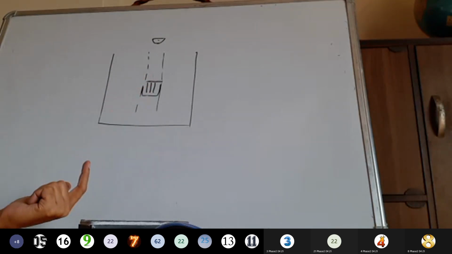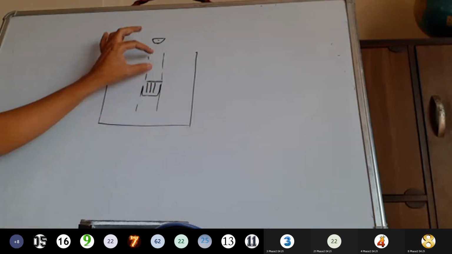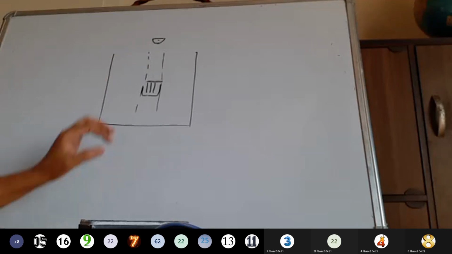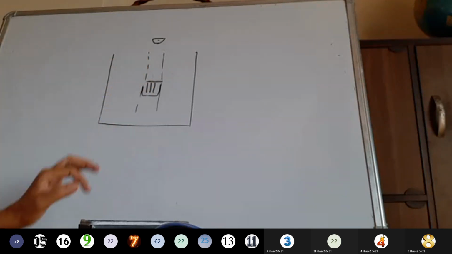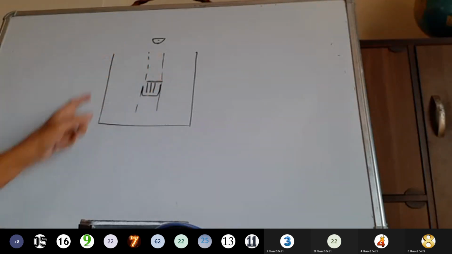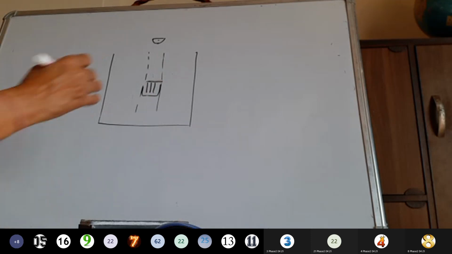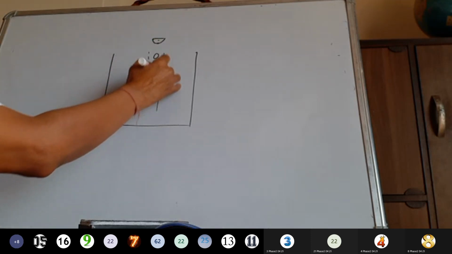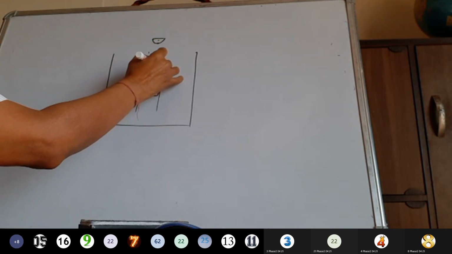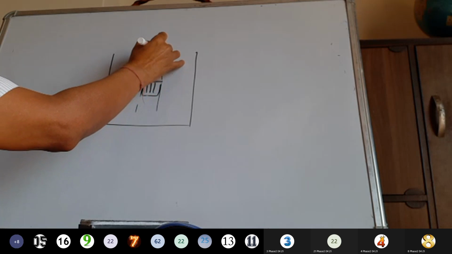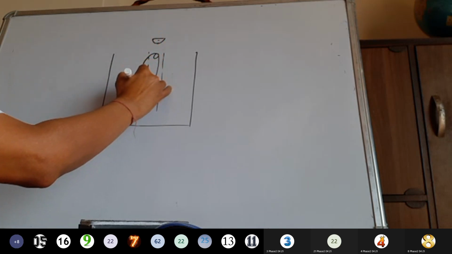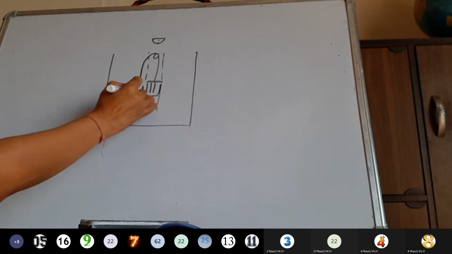If you want more heeling error to be corrected, you can bring it closer. If you want less heeling error, then you can take it away from the compass. And how do you take it away? There is an arrangement provided, wherein there is a chain which goes like this to the other end, and there are weights here.